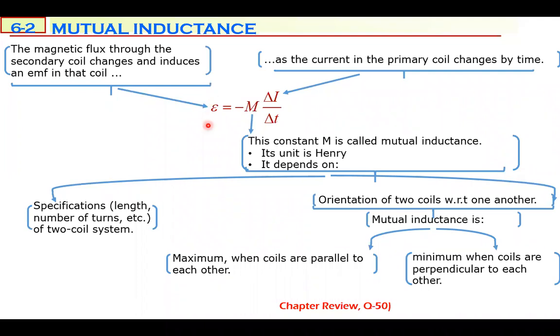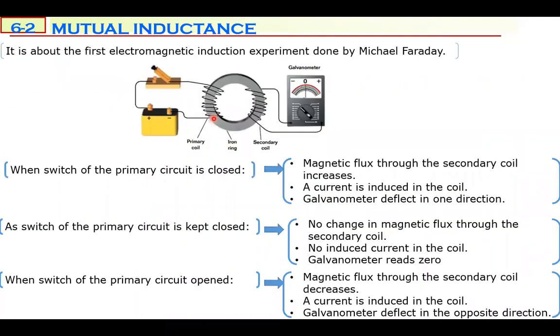But here, we are changing the electric current in the primary coil, and we get the induced EMF from the secondary coil. In self-induction, it was not like this. Normally, there was no primary coil, just one coil, and you got EMF from that coil. But here, two coils exist. One of them is primary, the other is secondary.